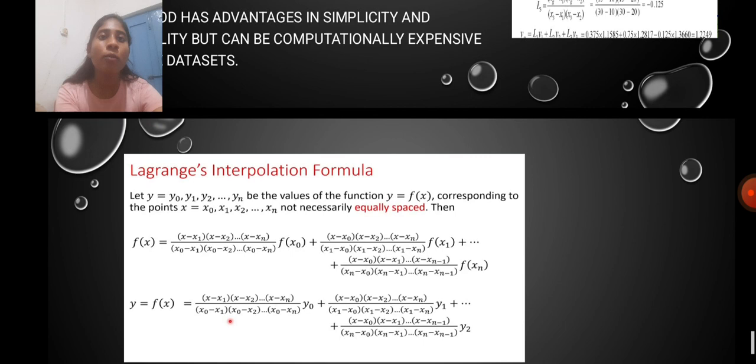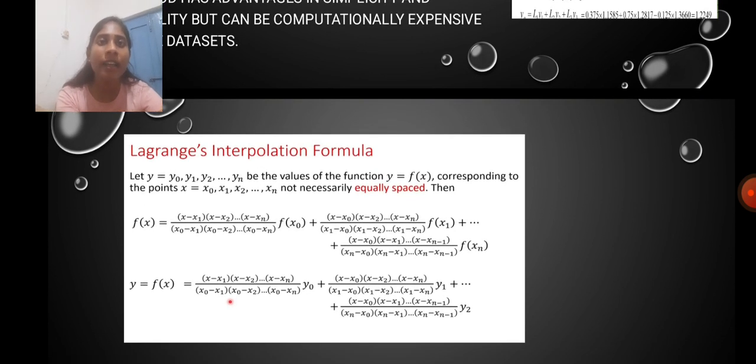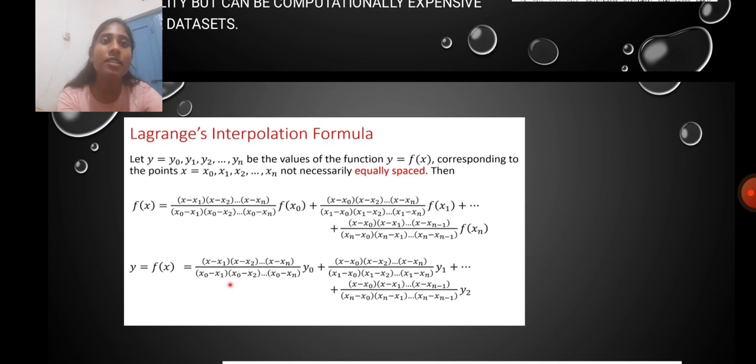And this is the formula of Lagrange's interpolation, where we have x0, x1, x2 and so on till xn. Let the value of the function y equal f(x) correspond to the points x equal to x0, x1, x2 and so on till xn, not necessarily equally spaced.